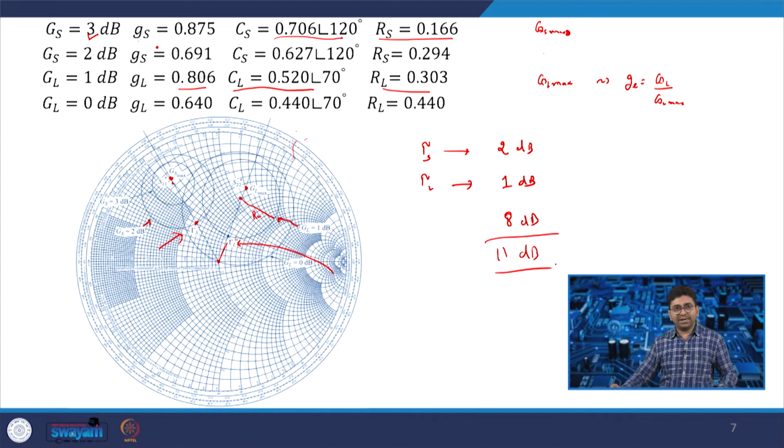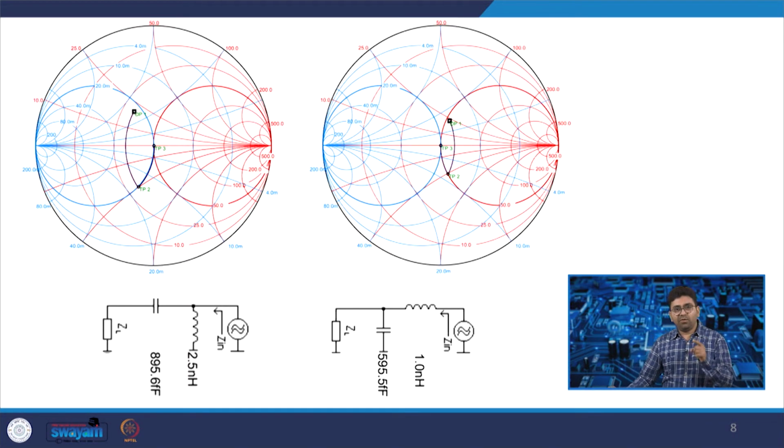Now, the next part is to do the matching. How can you do the matching? We have already seen while discussing the ZY Smith chart and impedance matching that you can use the ZY Smith chart to do the matching, and that can be done with an inductor and capacitor.